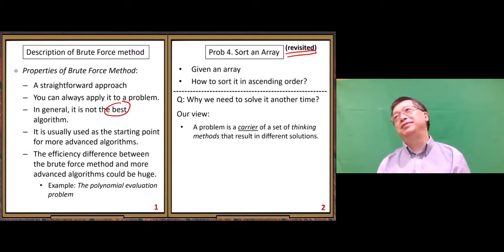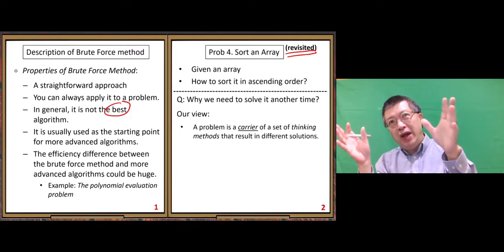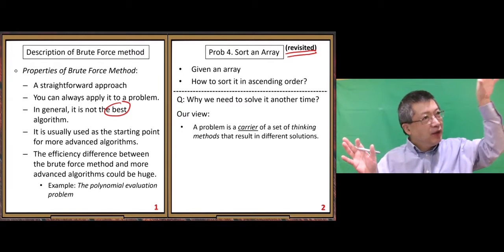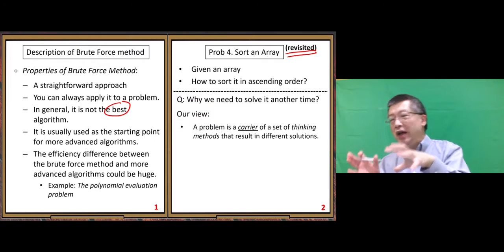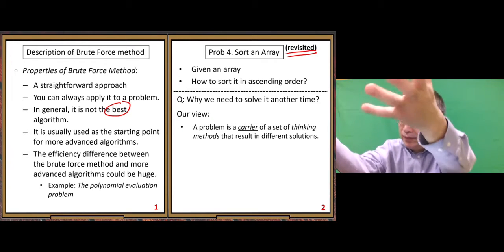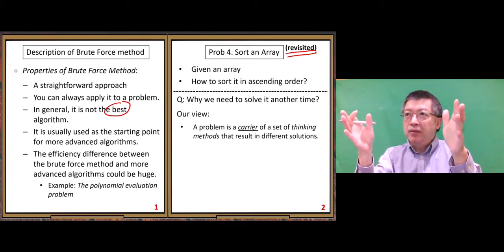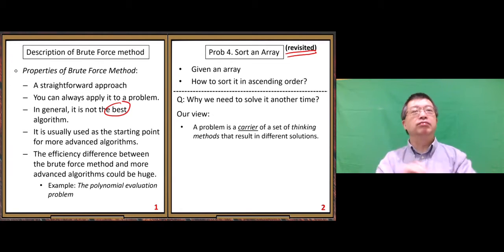How about that? When we talk to people, when we try to explain a special thinking method, we need to grab that particular problem and give it to the other people, then explain the thinking method inside that problem.